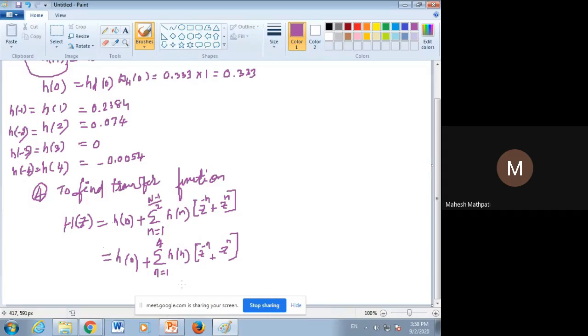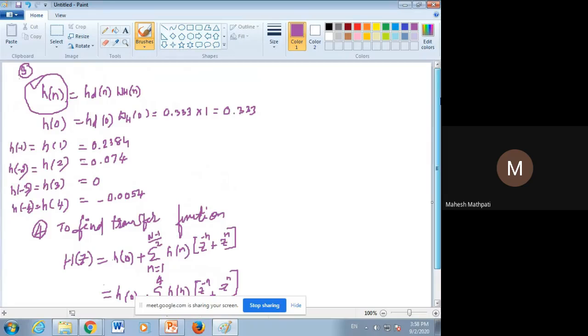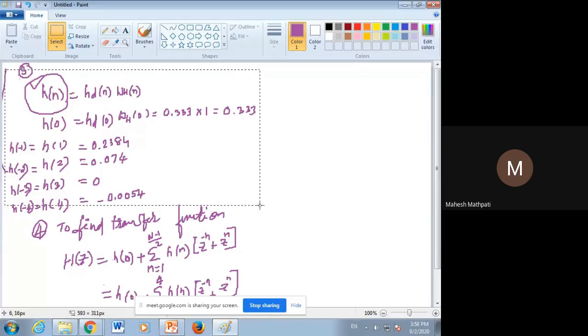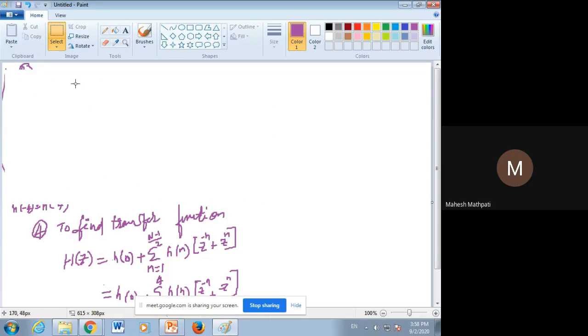So if you write this as a simplified value, तो h of z का वैल्यू क्या लिखते हैं अभी? How it can be written? Now we are going to write h of z equals to, yes, anybody has calculated what is the value of h of 0?